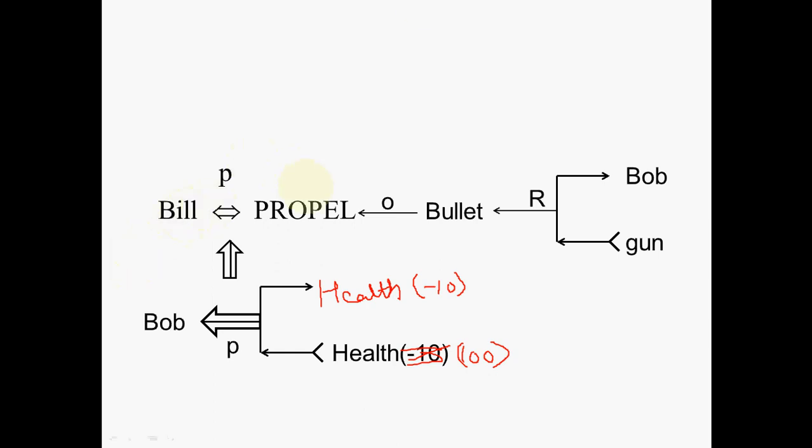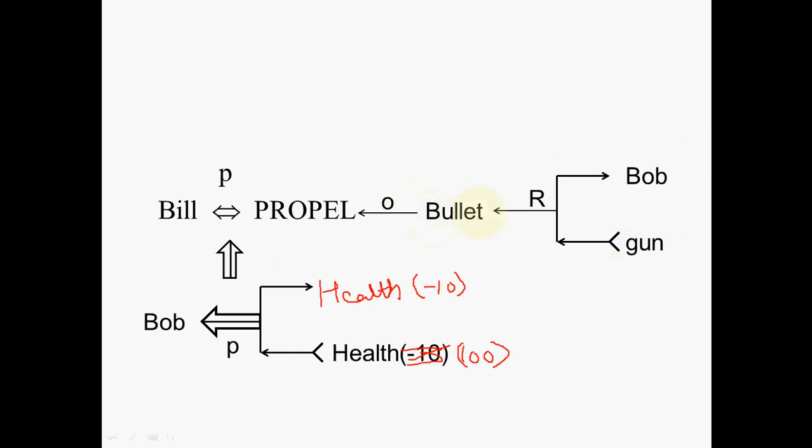So Bill, after pulling the trigger, the bullet just came out, it was fired, so that action is propel. Which is the object involved in the propel action? What went out? It is the bullet. And what was the source and the destination for the bullet?